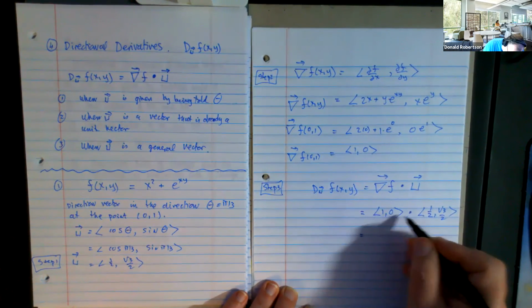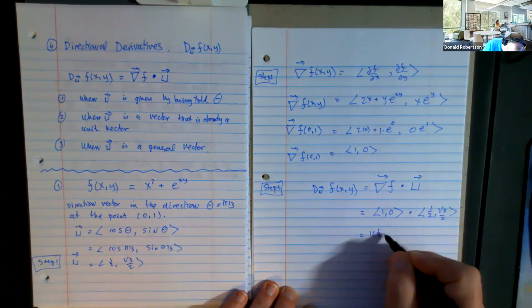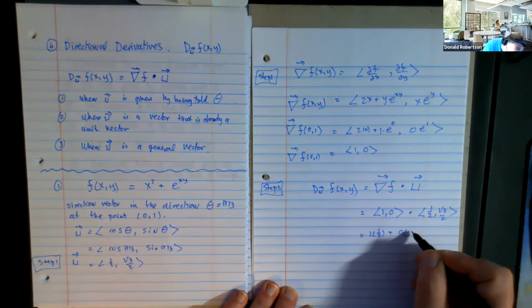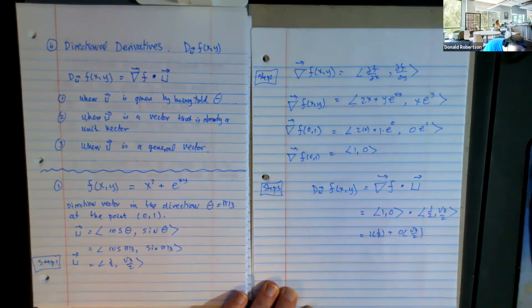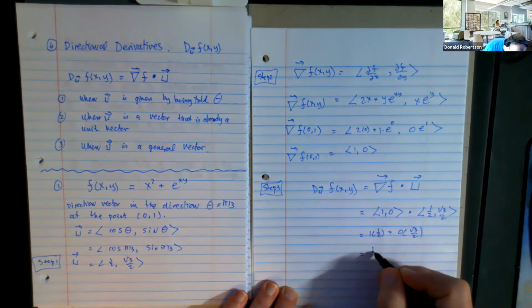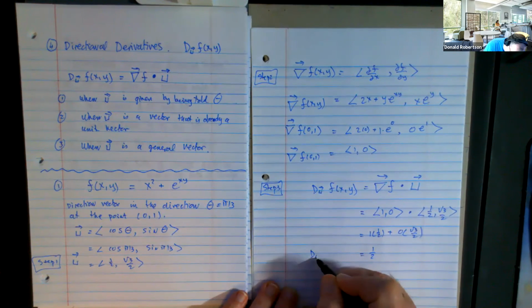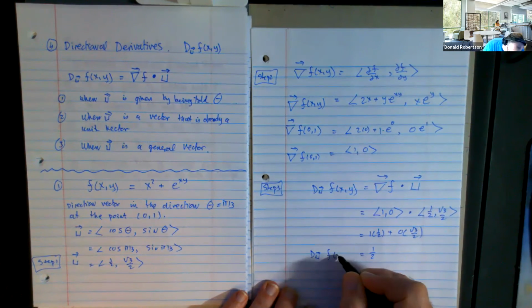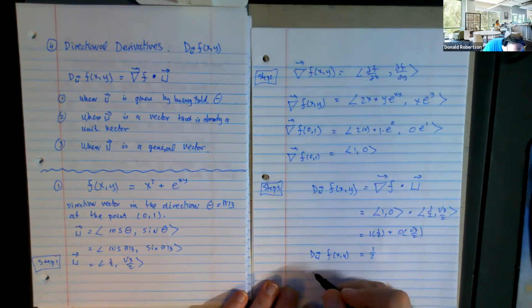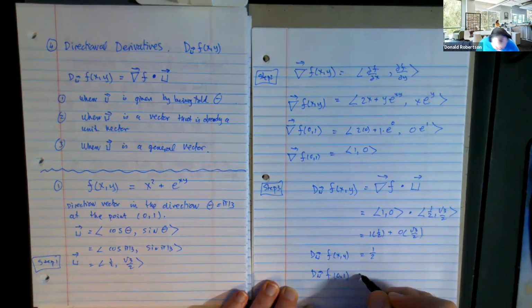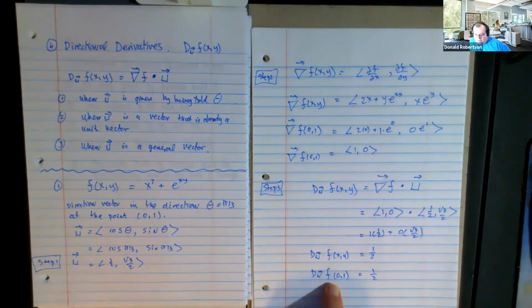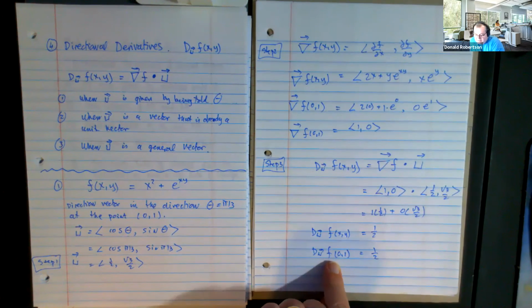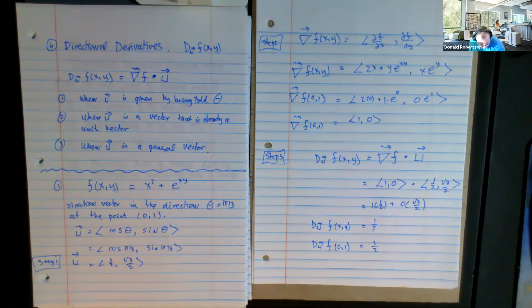And with dot products, you multiply the corresponding x's added to the multiplication of the corresponding y's. And in this case, my directional derivative, technically I should have written this down, because it is at one specific point, the point (0, 1), is a half.